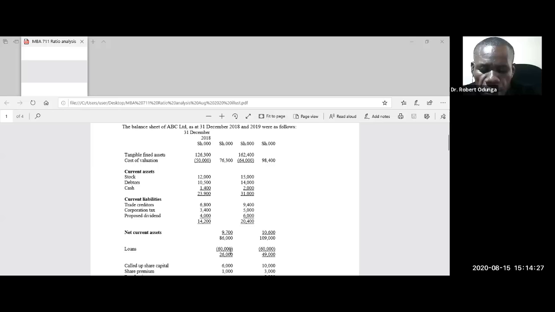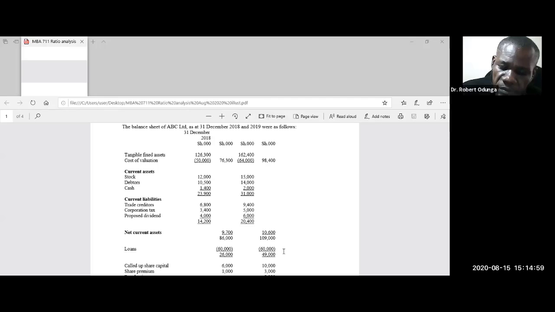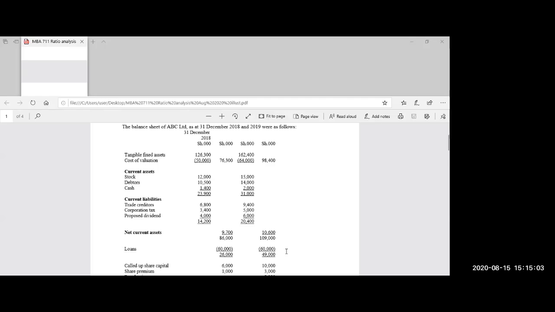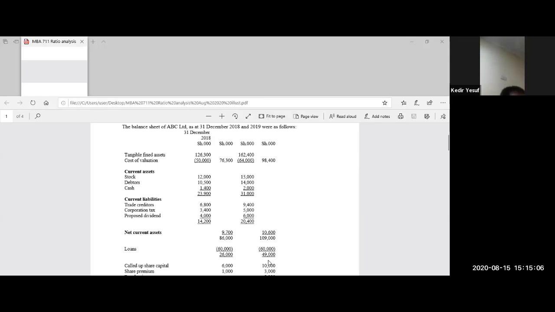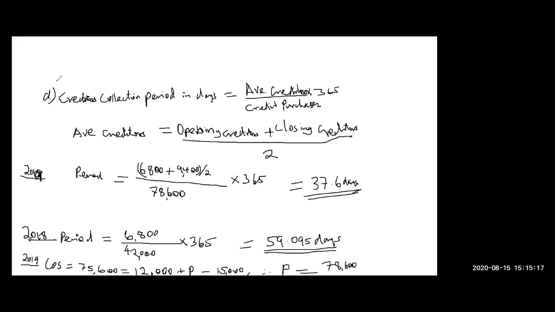Now, current liabilities for 2019 is 2,400 plus 60,000.